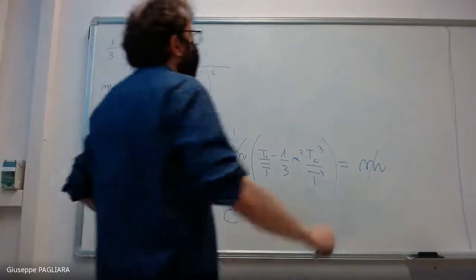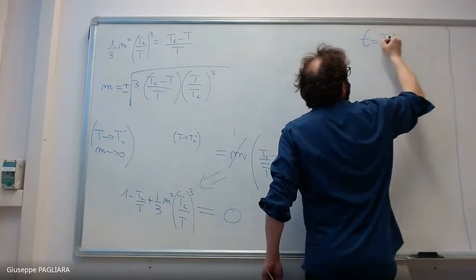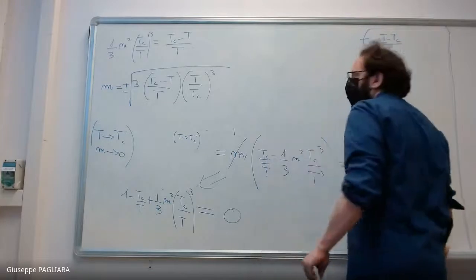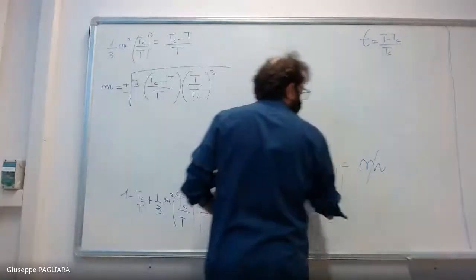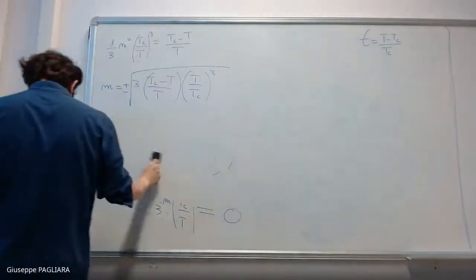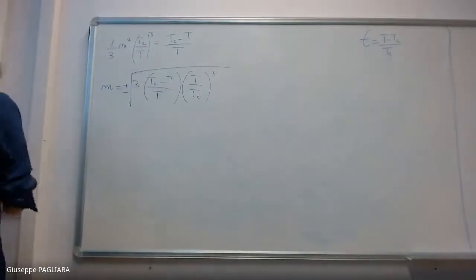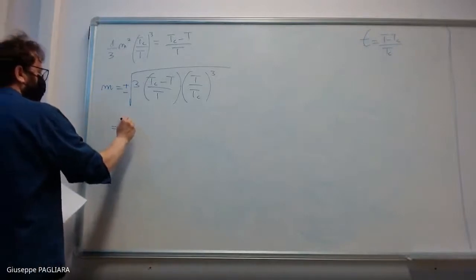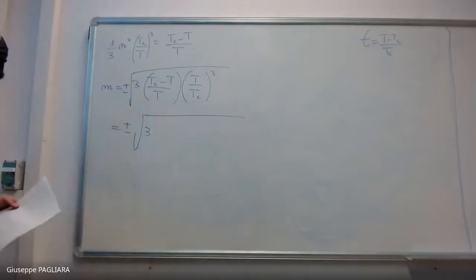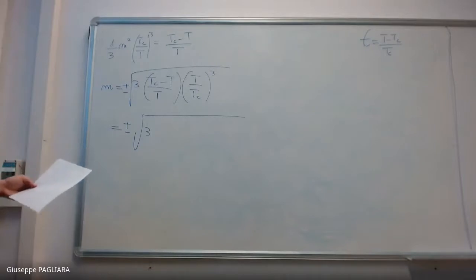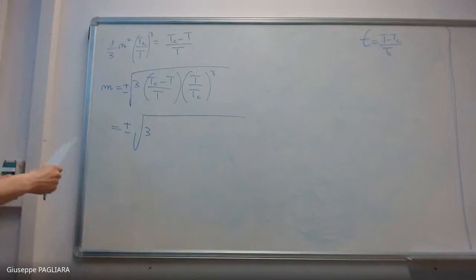Now, by introducing the quantity I was mentioning before, t is equal to T minus Tc divided by Tc, I can write this in a slightly different way. So this is actually equal to plus minus. Here I have a 3. Here I should have T minus Tc.